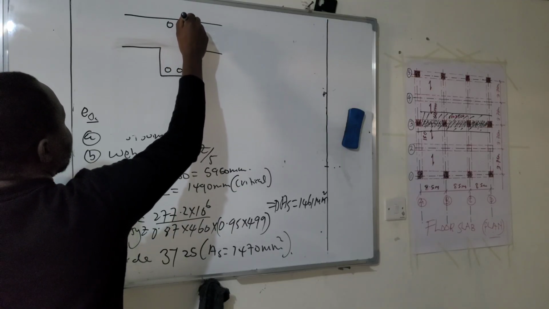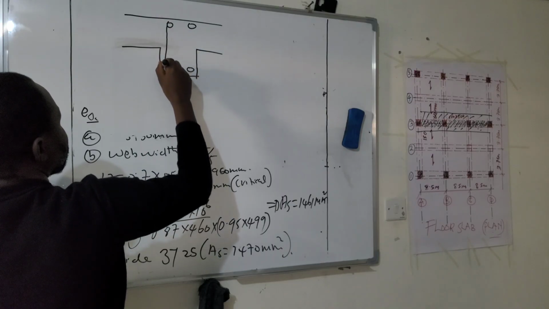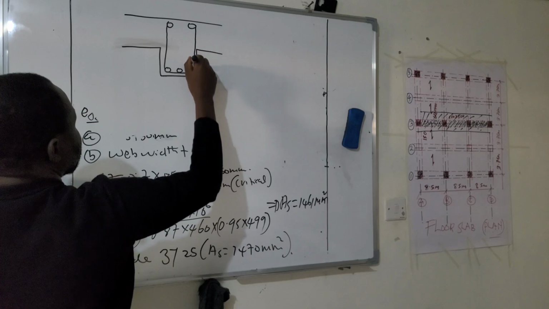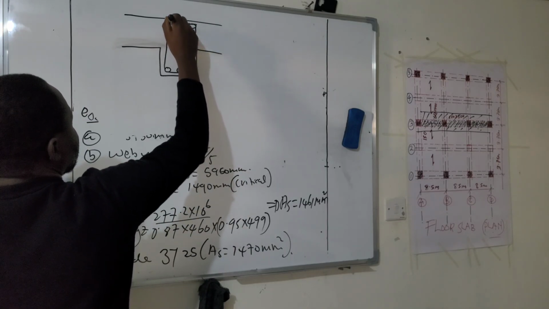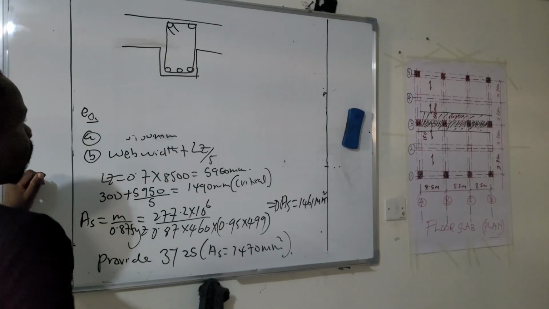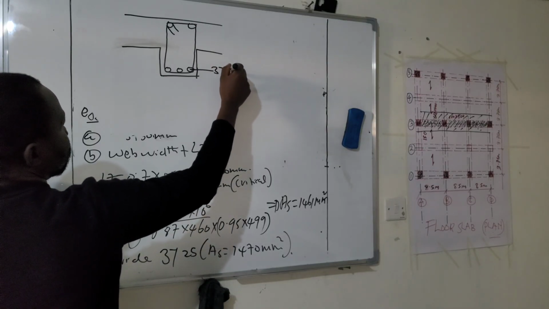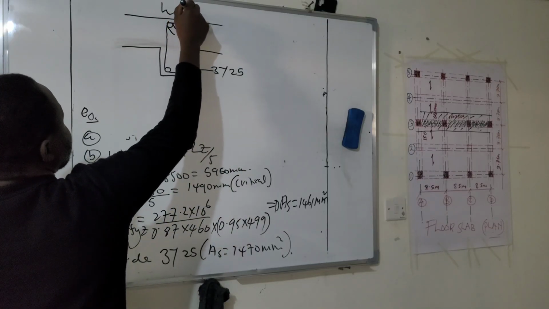We can have the hanger bar at the top, like that. So this is 3Y25. These are the hanger bars.